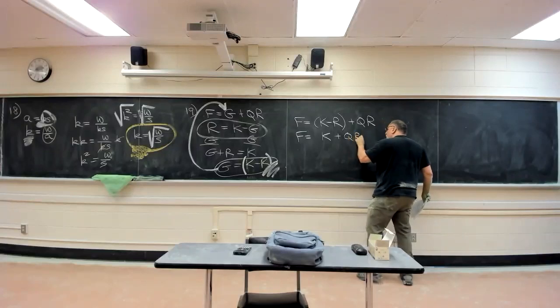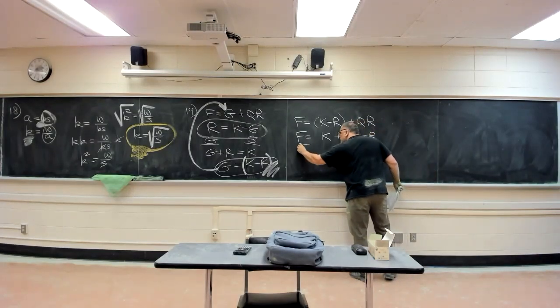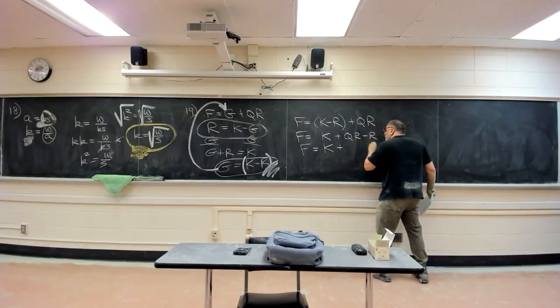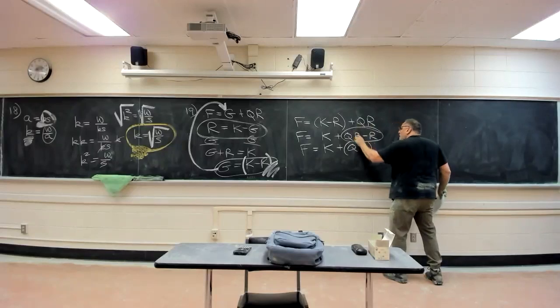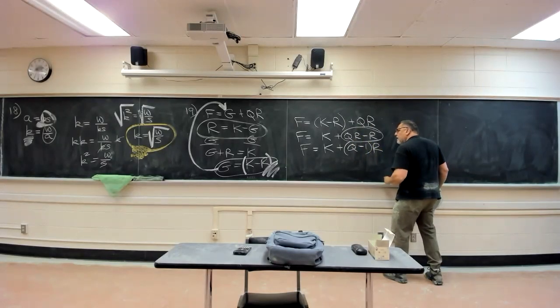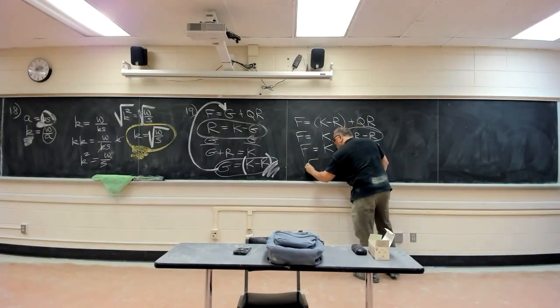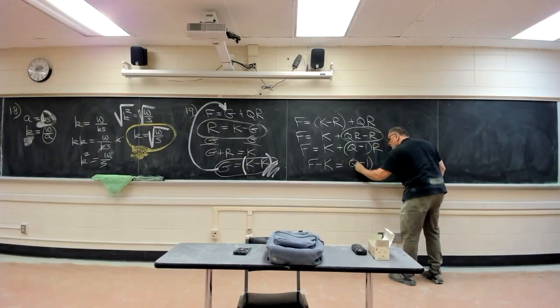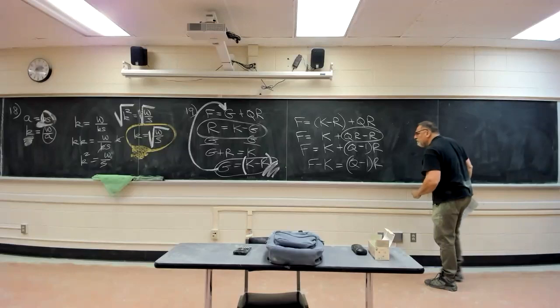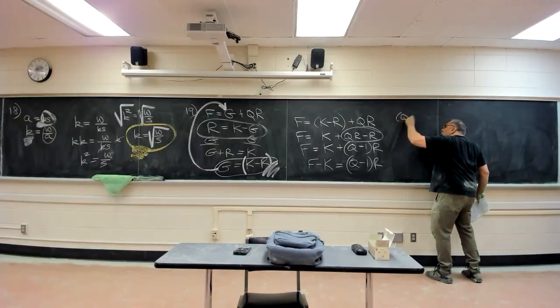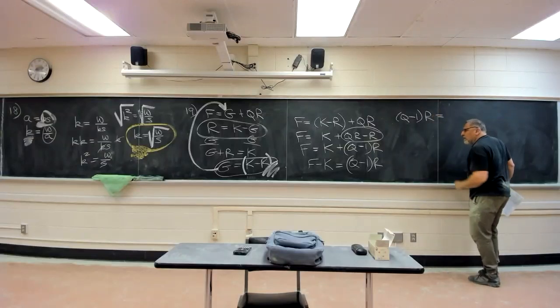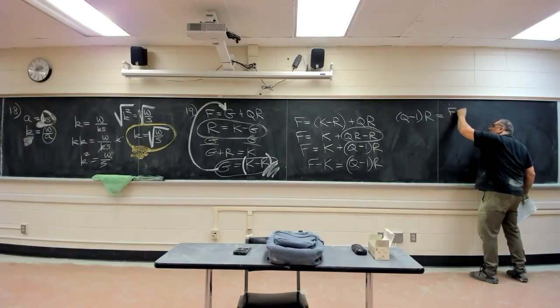Go QR minus R. Pull an R out of here, and you got this. Subtract K on each side. Take the quantity Q minus 1 times R equals F minus K.